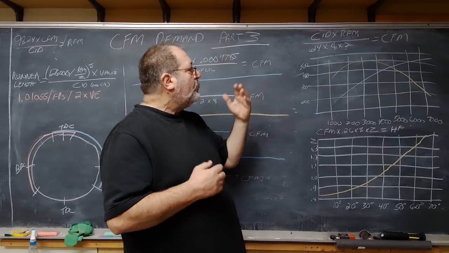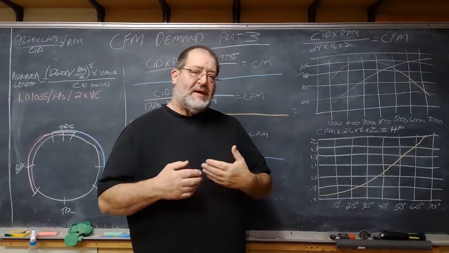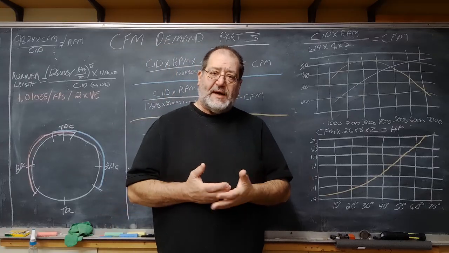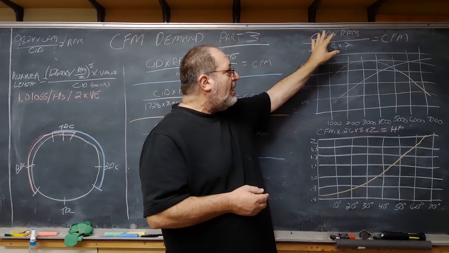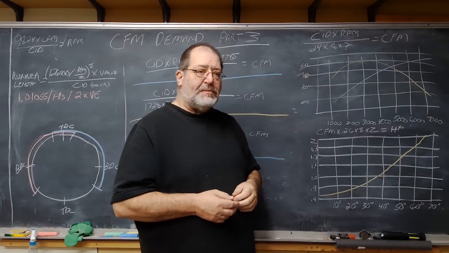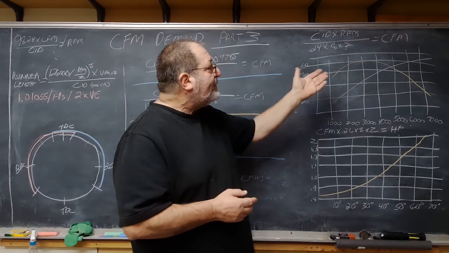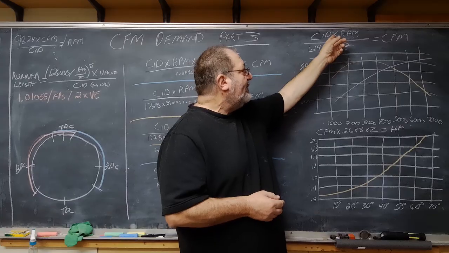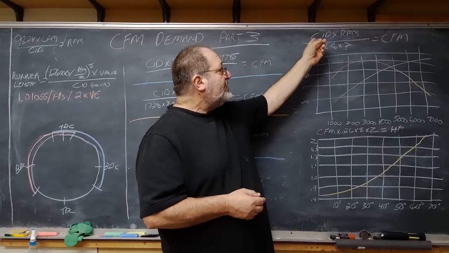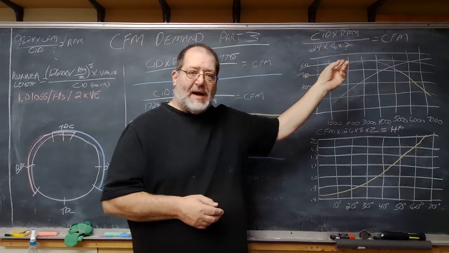And the reason is that I don't get to where I need to go. The values of what they are have to add up. In the case of the top of this formula, I have CID times RPM. So the engine displacement times the RPM.